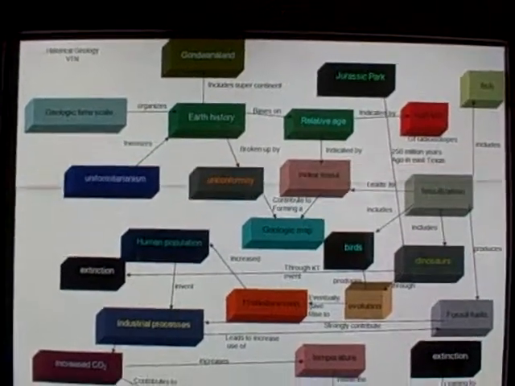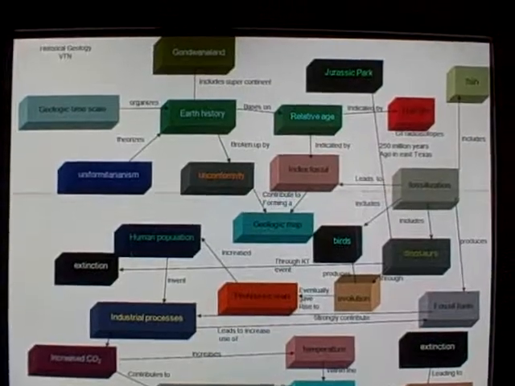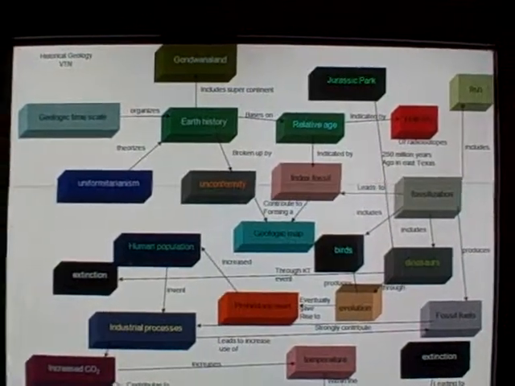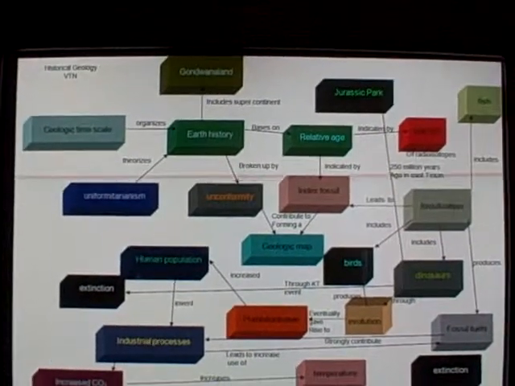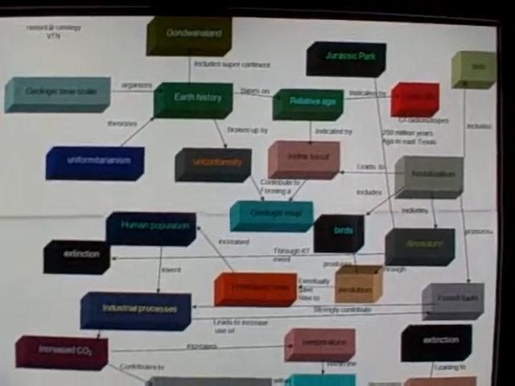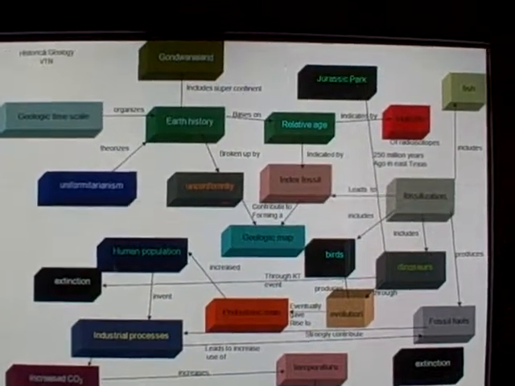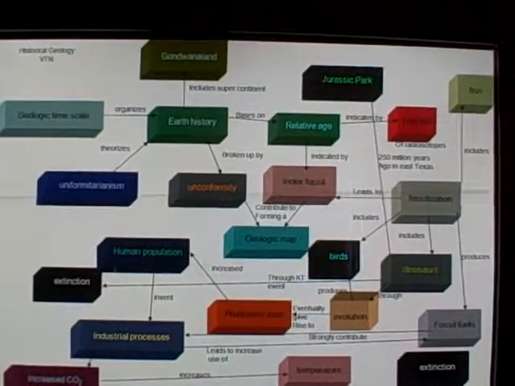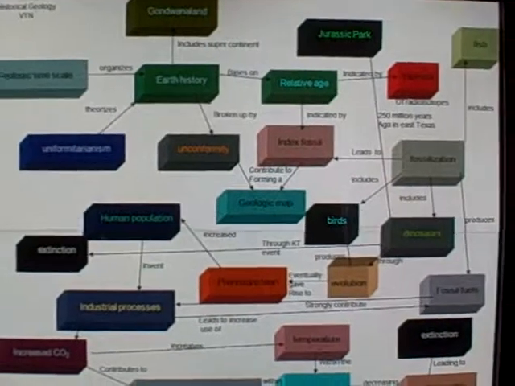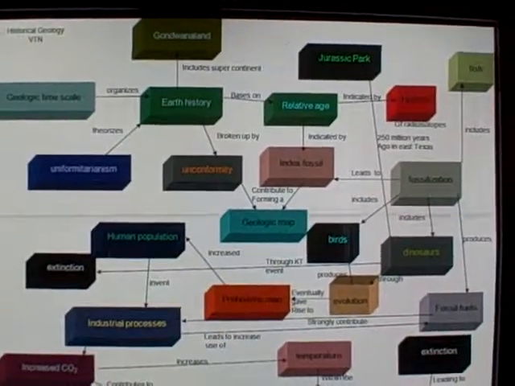And what we have here is another project-based type learning tool, a visual thinking network, kind of a concept map in a way, that you can have students make themselves based on their understanding.